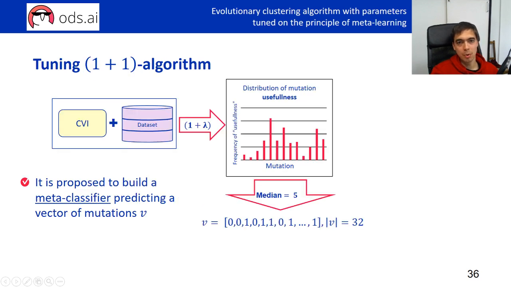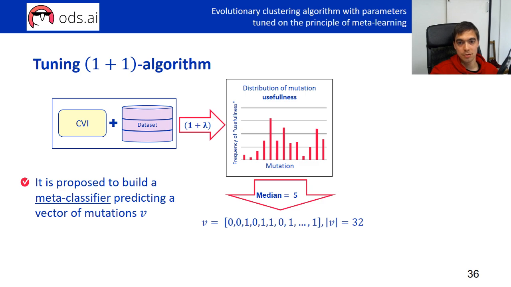So we proposed to build a meta-classifier predicting a vector of mutations. To train the meta-classifier, we made several runs of the 1+lambda strategy on all configuration pairs of quality measure and dataset, after which the distribution of usefulness of each mutation was constructed.